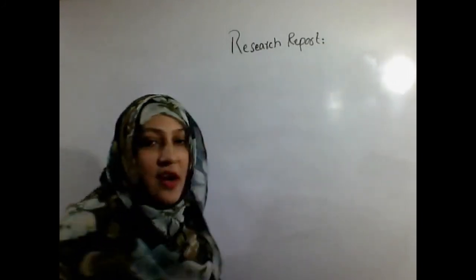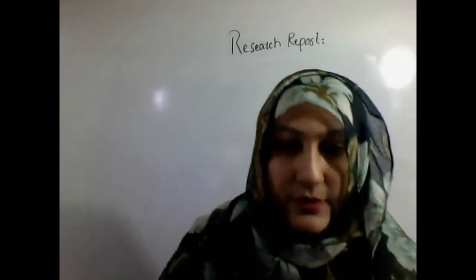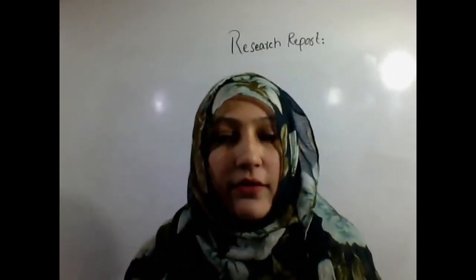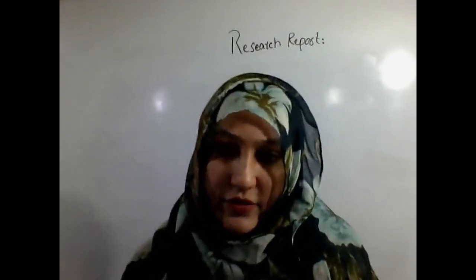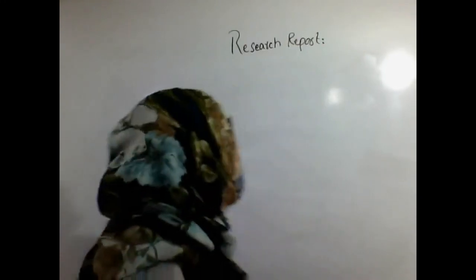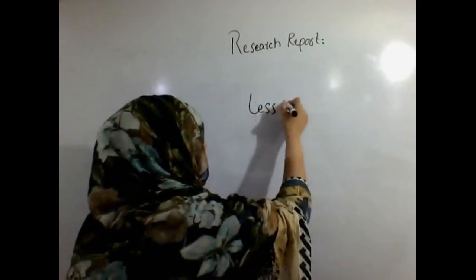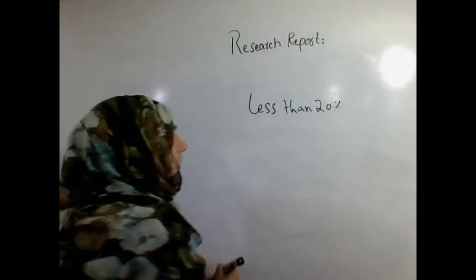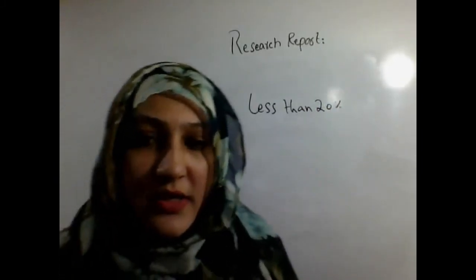When you write a complete research report, you have to check the level of plagiarism in your research report, which must be less than 20%. It must be less than 20%.